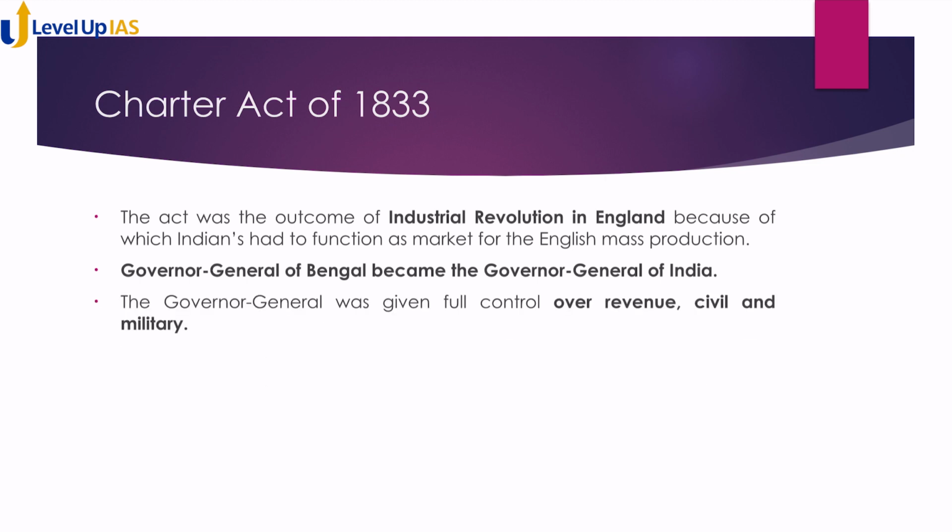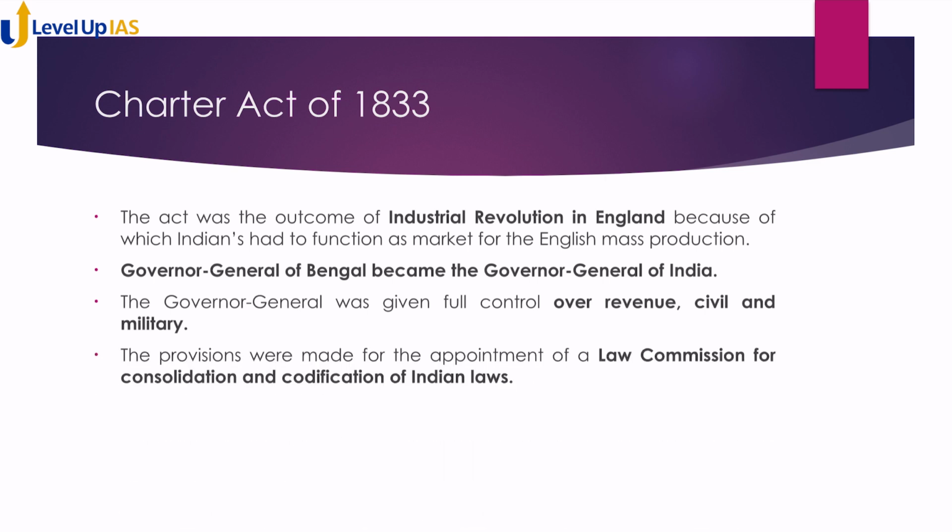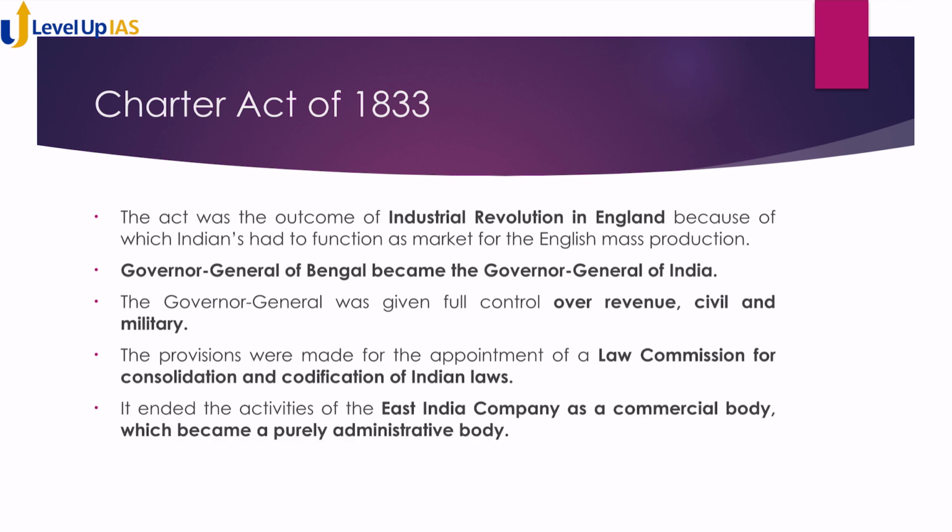The Governor General was given full control over revenue, civil, and military. The provisions were made for the appointment of a law commission for consolidation and codification of Indian laws. It ended the activities of the East India Company as a commercial body, which became a purely administrative body.